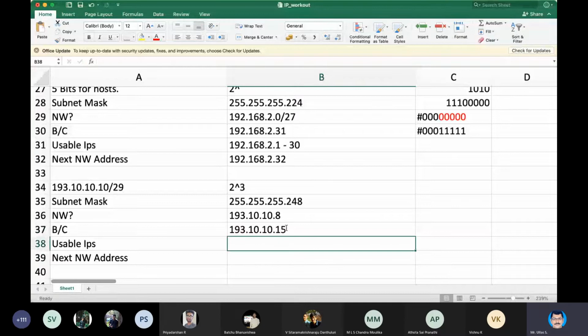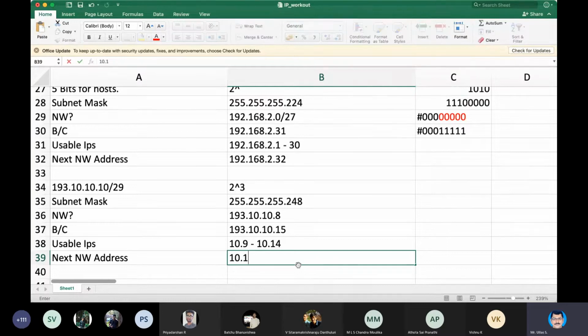Usable IPs will range from 9 to 14 in the last octet, 10.9 to 10.14. Next network address is 10.16.